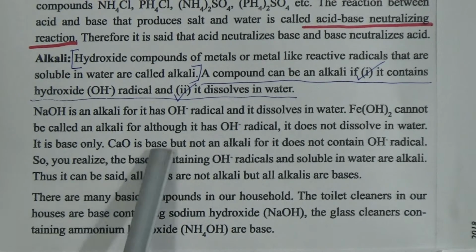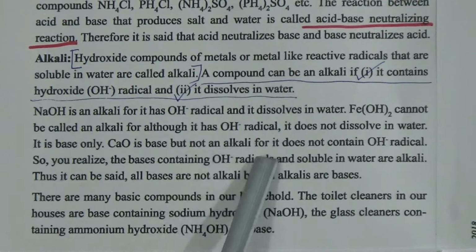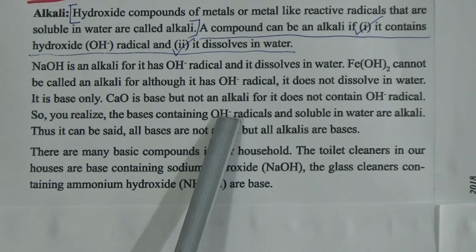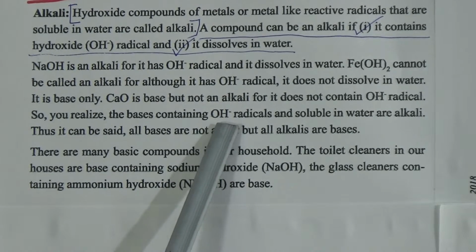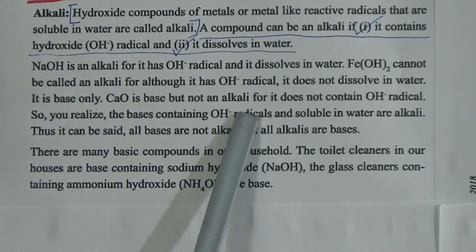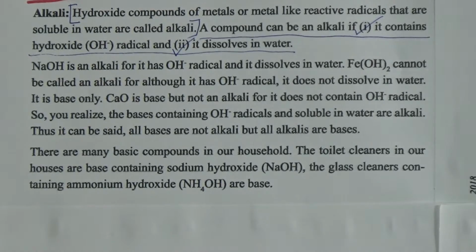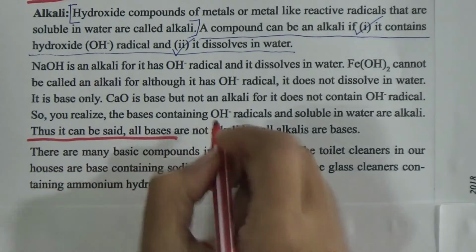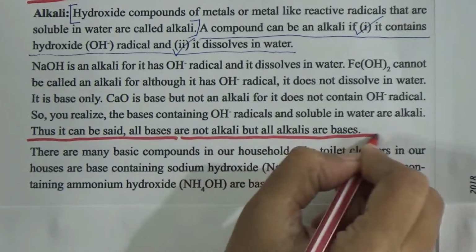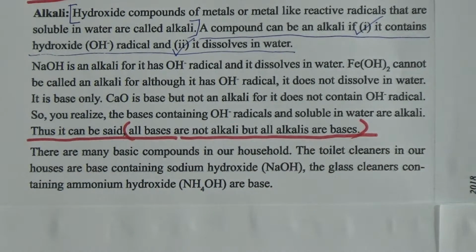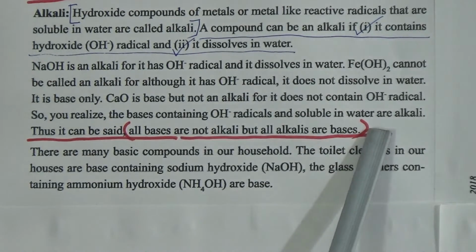And calcium oxide is a base but not an alkali because it does not have hydroxide radicals. That's why it can be said that all bases are not alkalis, but all alkalis are bases. That is a very important line and an important topic for the question also.